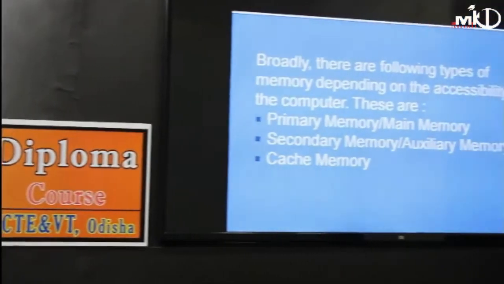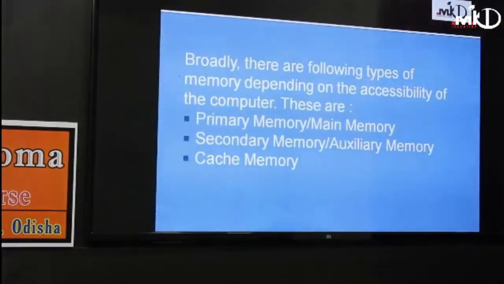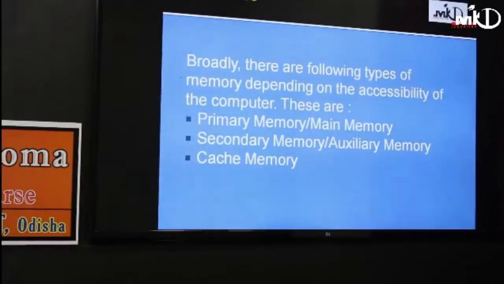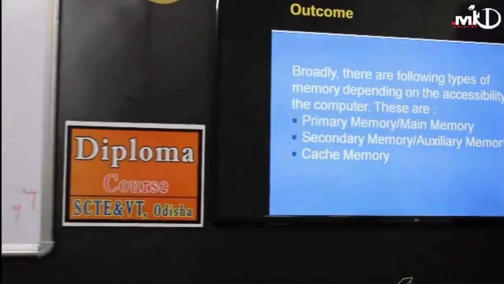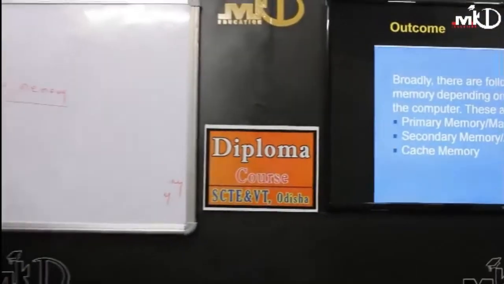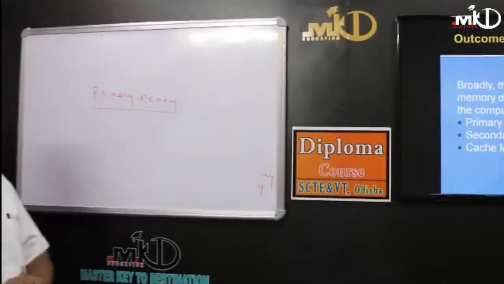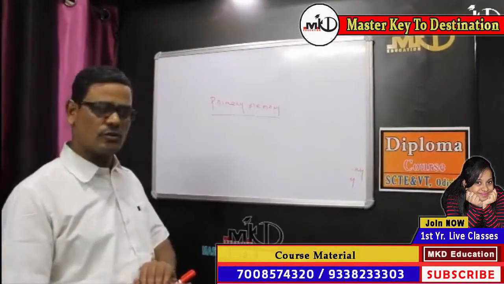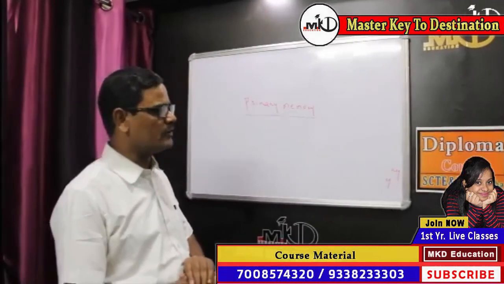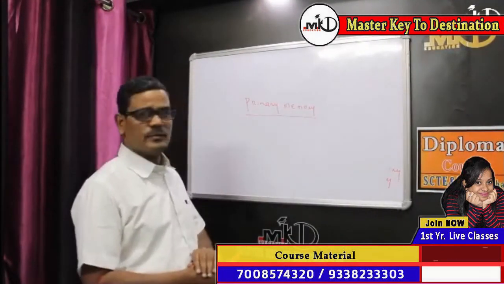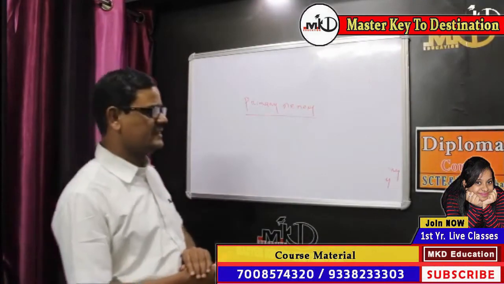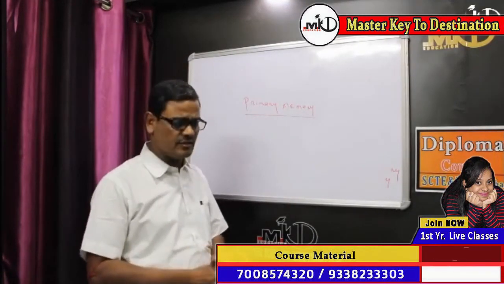Most primary memories are volatile in nature, but all secondary or auxiliary memories are non-volatile. That means if you store data in the primary memory, it will be deleted automatically on failure of the power supply. But for storing data in the secondary memory, power supply is required only when you access the data.